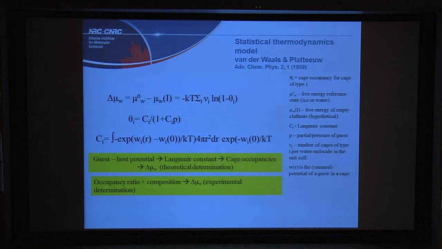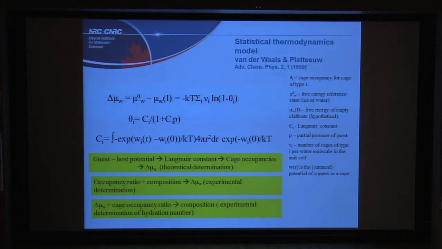We can also do another thing: if we have the occupancy ratio of the guests, so this would be an experimental number, and the composition, we can derive a free energy value experimentally. And of course, one can compare these two and see how well one is doing in terms of parameters.